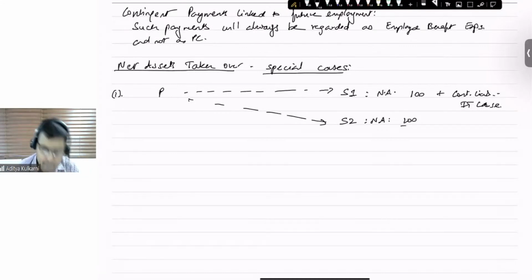See, typically, if you look at S1, S1 is not a clean company. Clean in the sense, I'm not saying fraud and all. S1 comes with a baggage of a contingent liability. Why has it put it under contingent liability? Because it meets the conditions of a contingent liability.